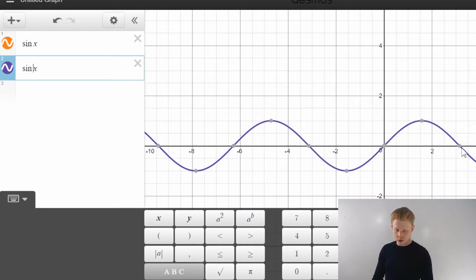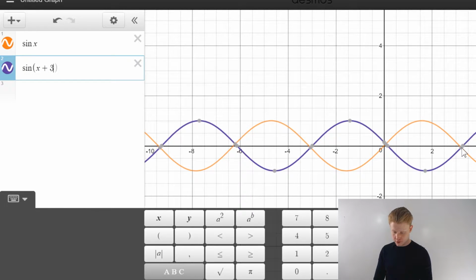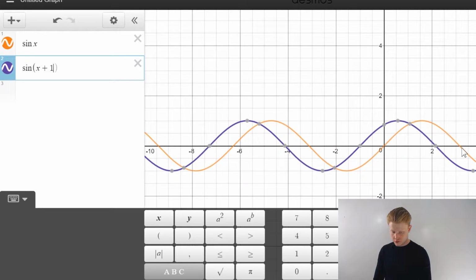What about if I add something inside the parentheses? Well, then I shift over the starting point. I shift over where it starts, and it's a horizontal shift.